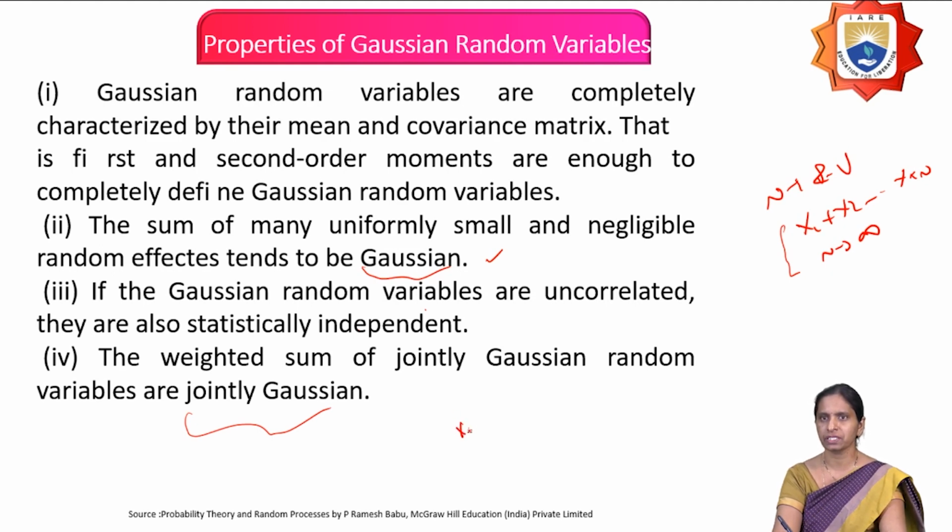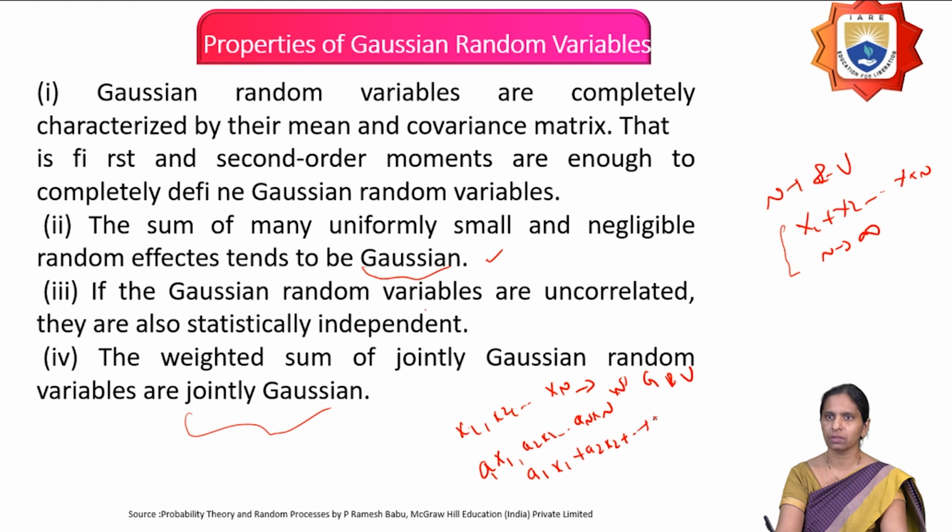For example, if x1, x2 and so on xn are n Gaussian random variables, the weighted sum is nothing but A1x1 plus A2x2 plus and so on, plus Anxn.